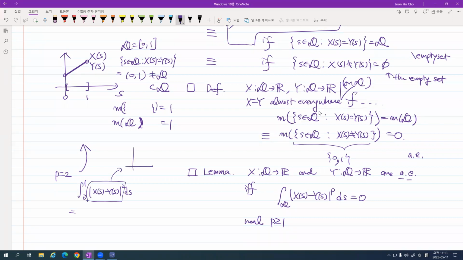This function is 1 at s equals 0 and s equals 1, and 0 on the interval except the 2 endpoints. Got it? So you integrate that strange function, 1 or 0, on this interval, and that is 0. Okay? So these two functions are almost everywhere equal. Got it?